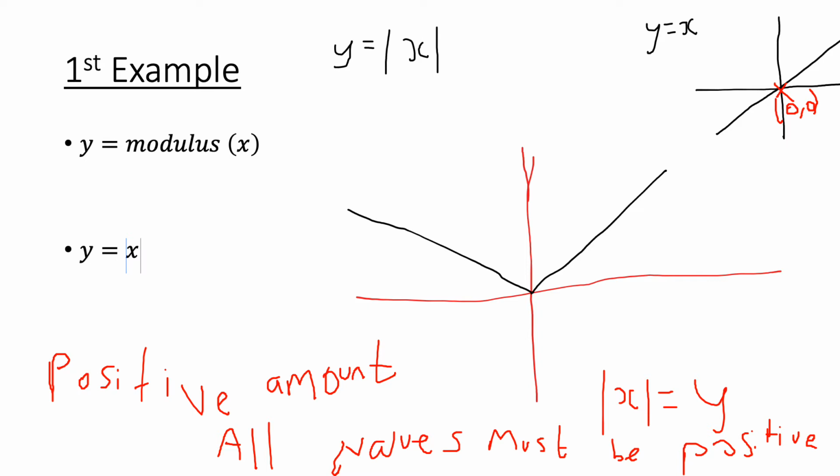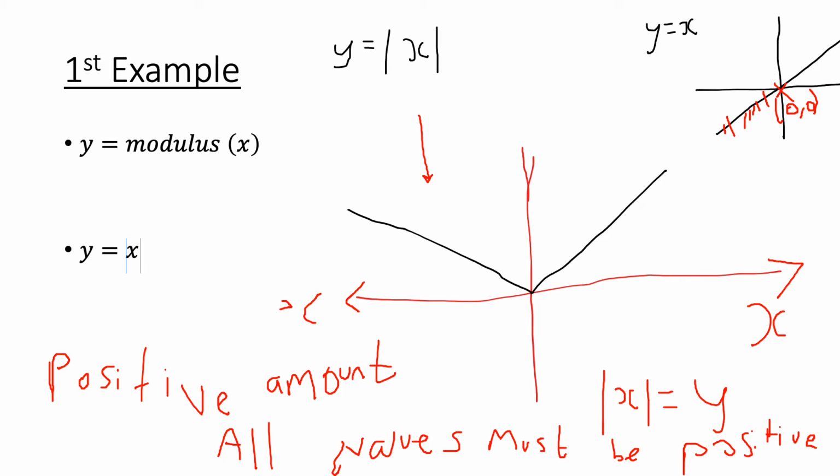So for all values of x, the y value has to be positive, so it looks something like this. Whether x is positive or negative, y must be positive, because that is what the definition of the modulus function means. It is the positive amount of that function.